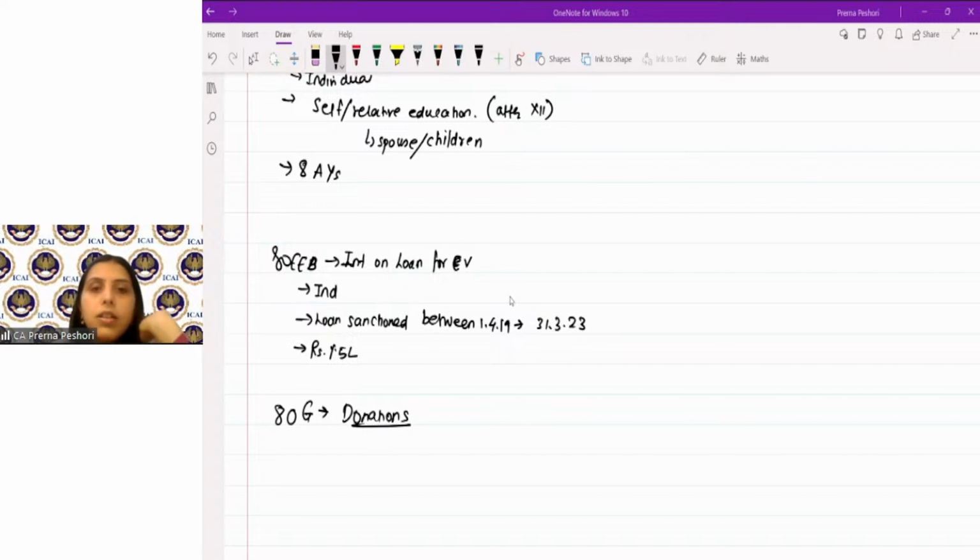Perfect. Next, after 80G, the next deduction which is there now is in respect of 80GG, the last deduction.